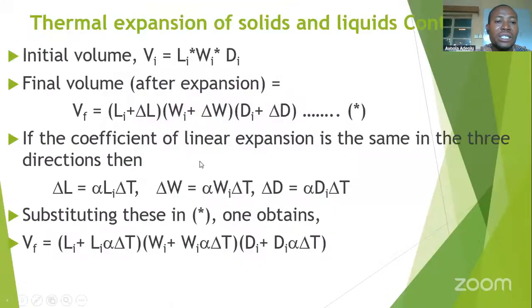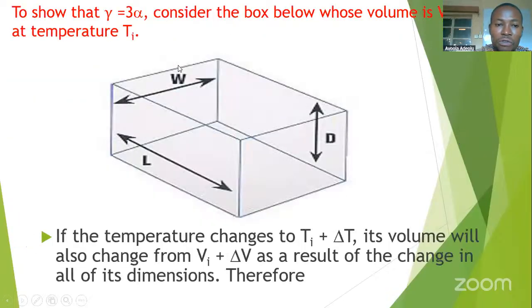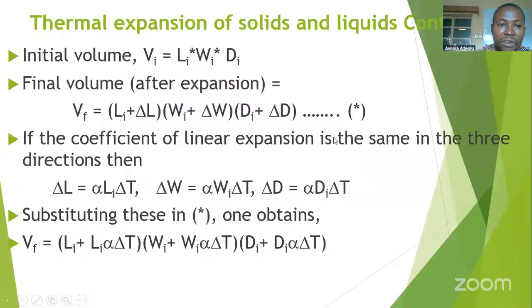So therefore, I can have initial volume equal to Vi. You know how to calculate volume. If this is a box, I want to calculate the volume of this box, it will just be length times the width times the depth or the height. So that's Li, Wi, Di for initial. That's why I have initial volume as this.